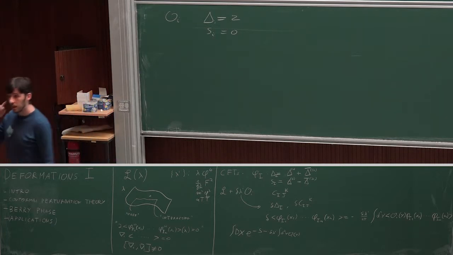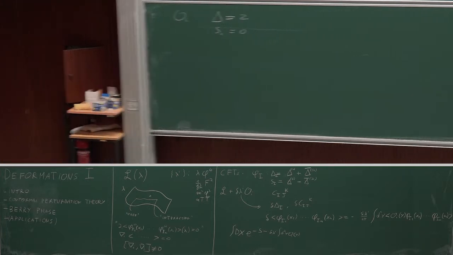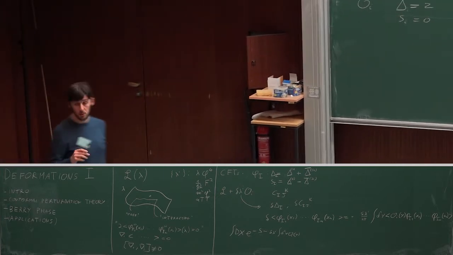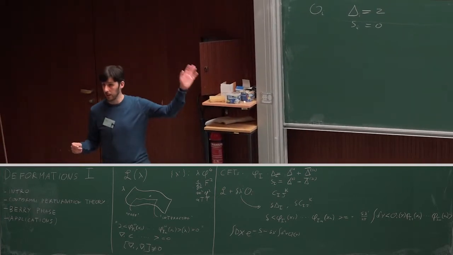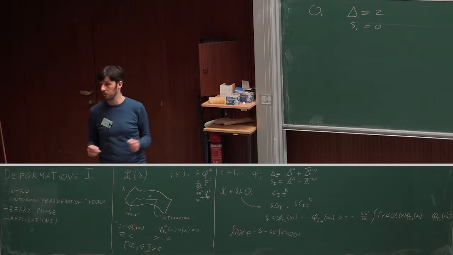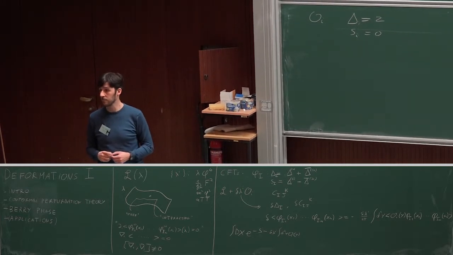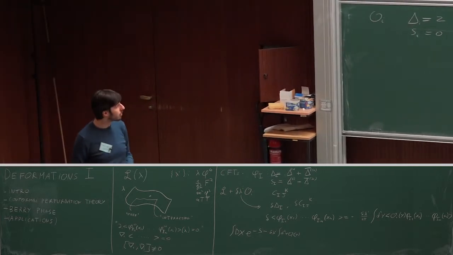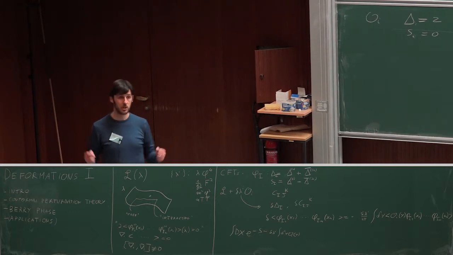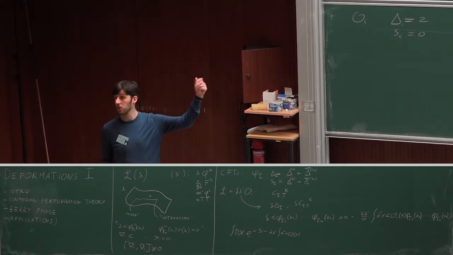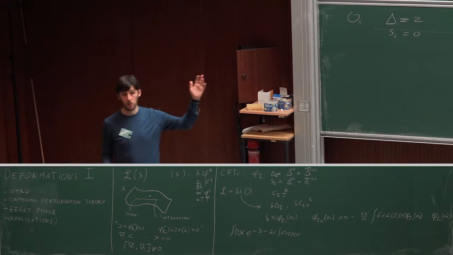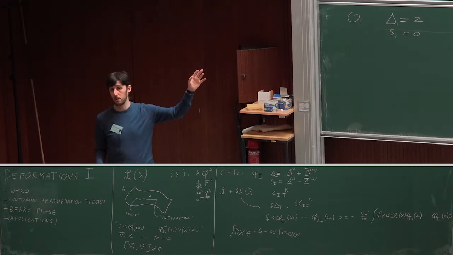Yeah. I will explain. So the question is, what happens when x and y collide? I'm going to explain precisely this right now. Should I modify O? No, I will not. So the question is, will I solve this problem by modifying O? And no, I will solve this problem by changing the domain of integration.